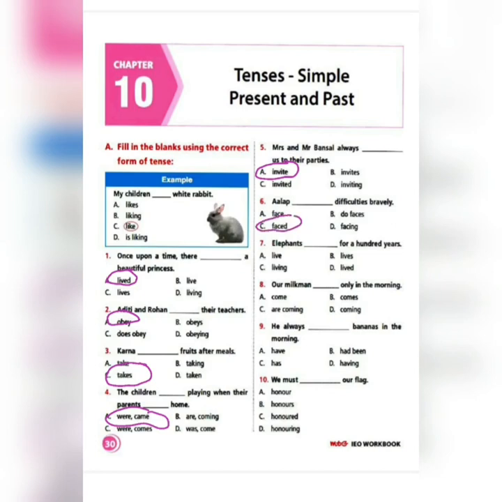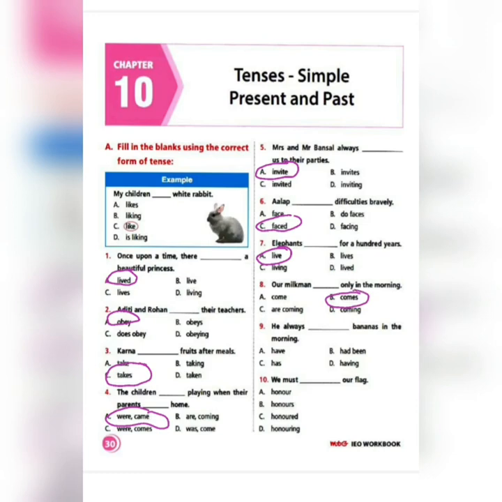Elephants has an s, so it is plural, and again when we write the verb or select the answer, s is not going to be there. Elephants live for 100 years. Number 8, our milkman comes only in the morning.